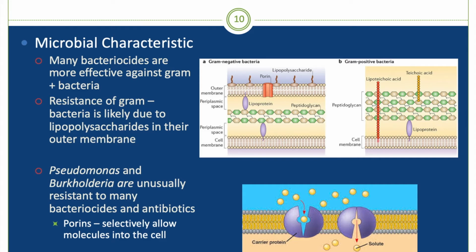Pseudomonas has porins that help regulate what can get into the cell and what cannot, and so prevent bactericides and antibiotics from getting into these cells and destroying the bacteria.